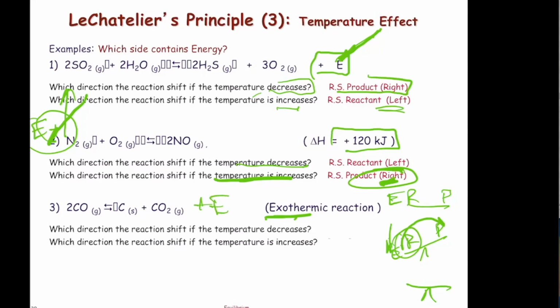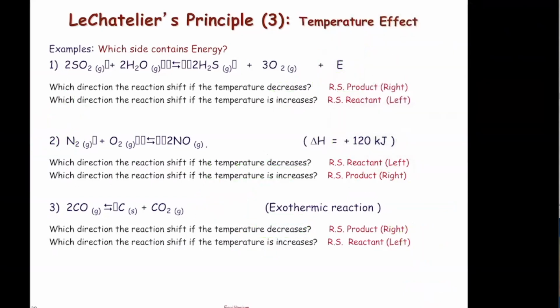When we decrease the temperature, we're causing a deficit on the product side. The reaction will shift to the right to make up for that deficit. If we increase the temperature, we're putting a stress on the product side. That stress will cause that product side to convert over to the reactant. The reaction shifts to the reactant side right there.